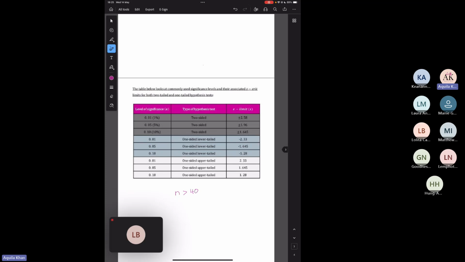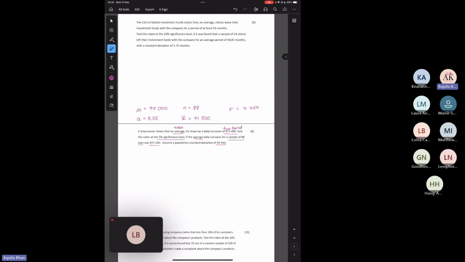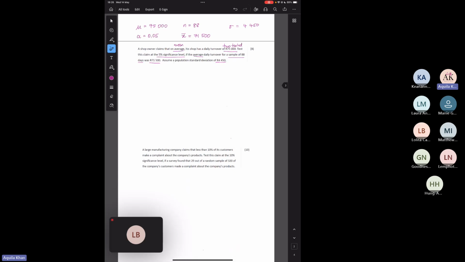So there's two things that told us we're working with this table and you need to use a figure from here. It's the fact that the sample size was greater than 40 and the fact that they said to us there is a population standard deviation. Okay, so those are the two things that I just wanted to mention to you that would play a role in identifying which table we're working with, which would then obviously affect our critical limit.